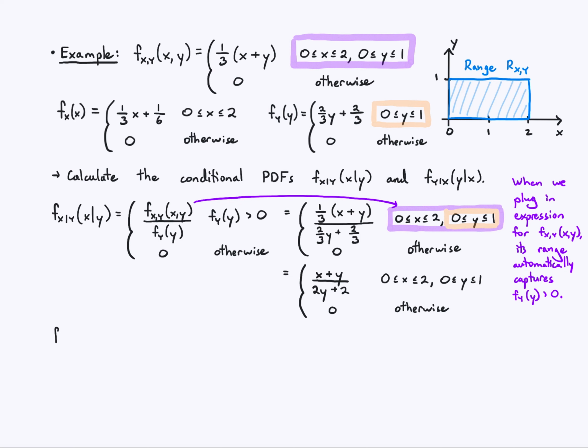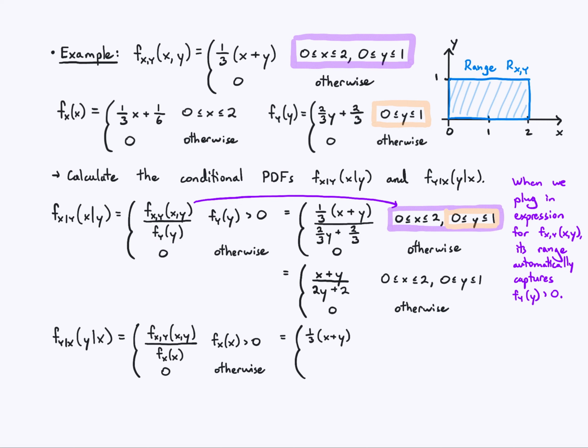We'll do the same thing again for the conditional of y given x. I take the joint PDF and divide by the marginal PDF of x. Again, in the formal definition I have to check that the marginal of x is greater than 0, but not to worry. All I do is plug in the joint PDF, and I have to remember to plug in its range as well.